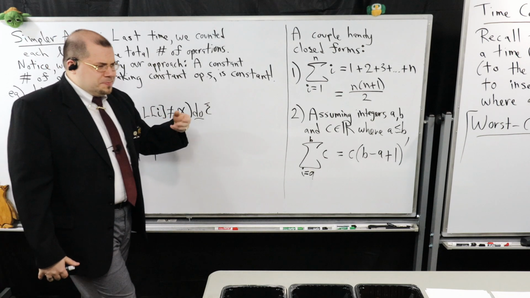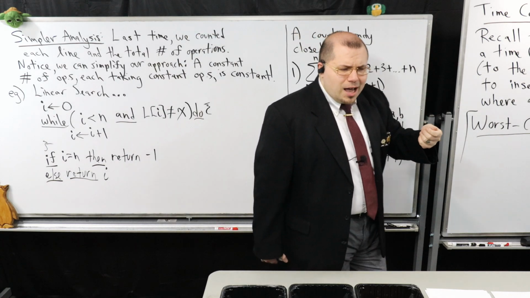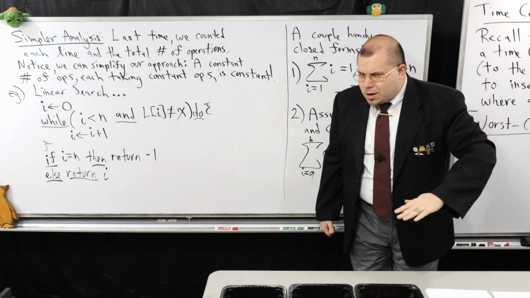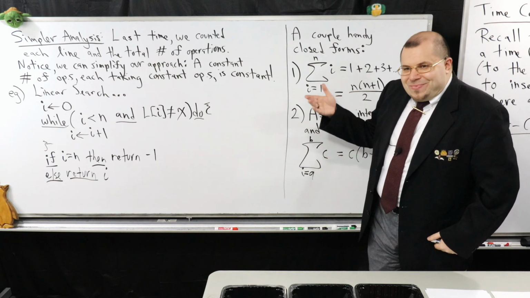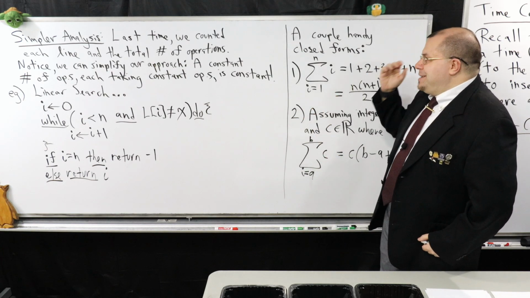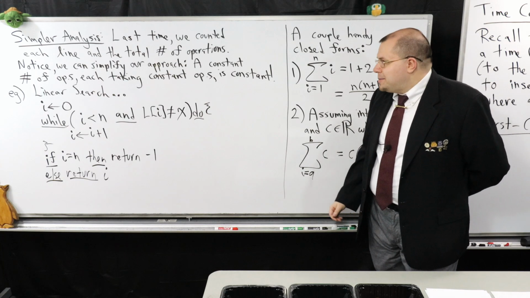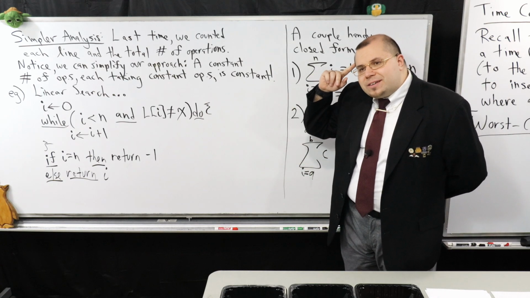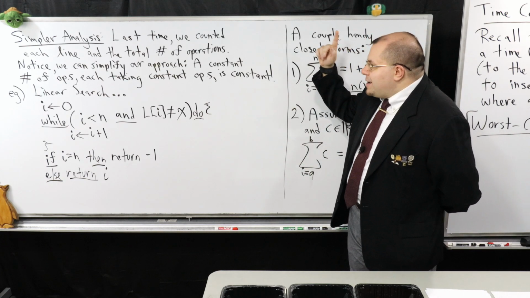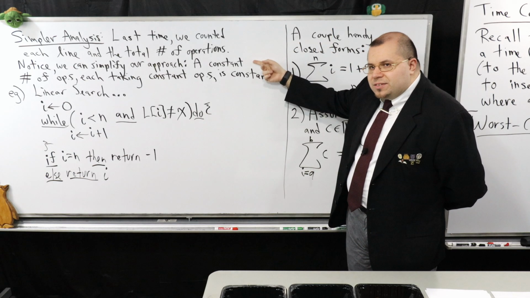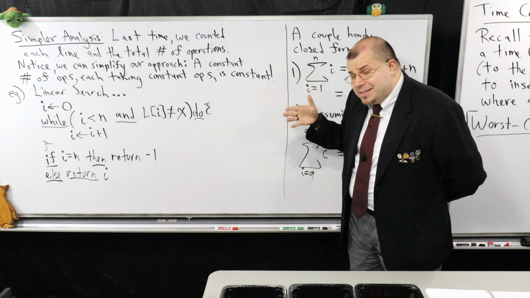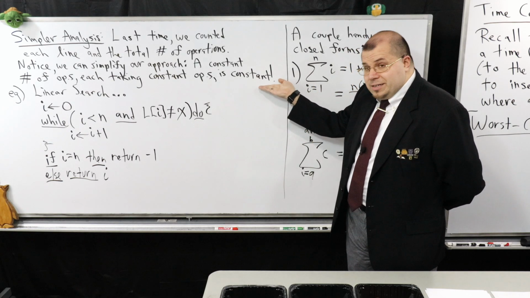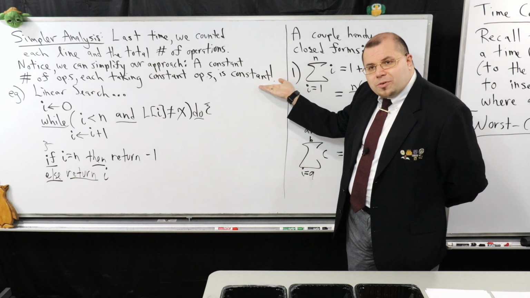For example, I numbered the lines, I wrote out a table with each of the rows. This is perfectly fine to do, but like I say, it can be a little bit cumbersome when the algorithm starts getting more complicated. But here's an interesting observation: a constant number of operations, each taking some constant time, is in fact going to end up being a constant number of operations.